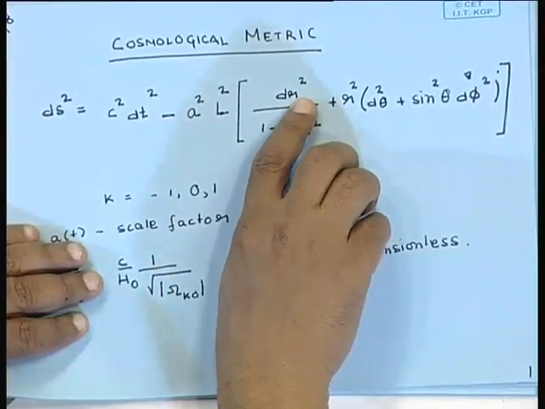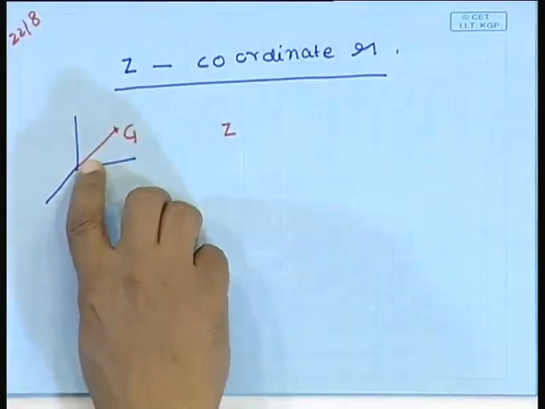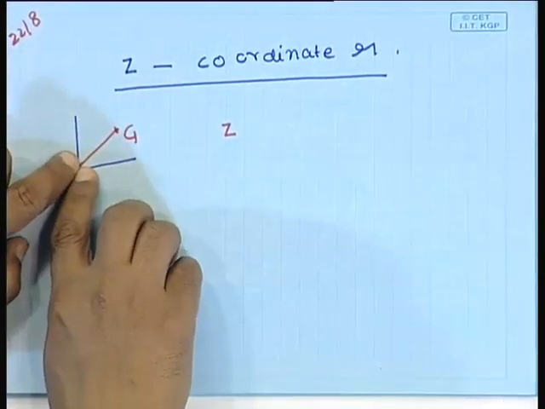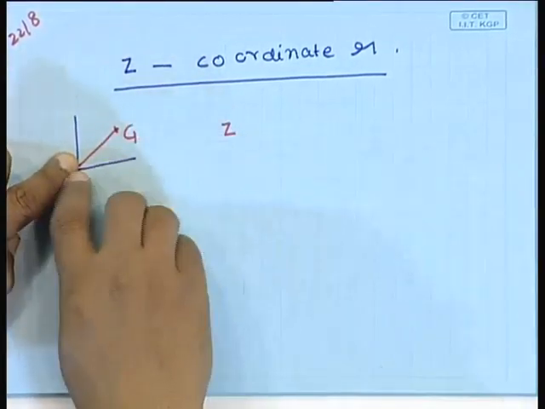Now, in this cosmological metric, we have already encountered two kinds of distances, the proper distance and the co-moving distance. To calculate both of these, you need to know essentially the value of r, because here we have chosen the origin so that the observer is here and the galaxy is in the radial direction.